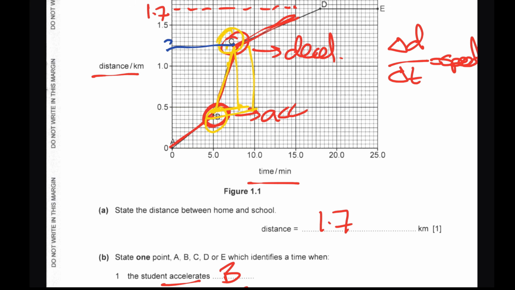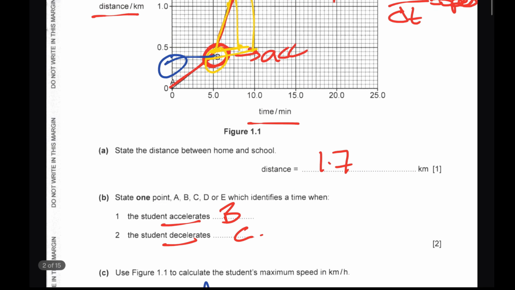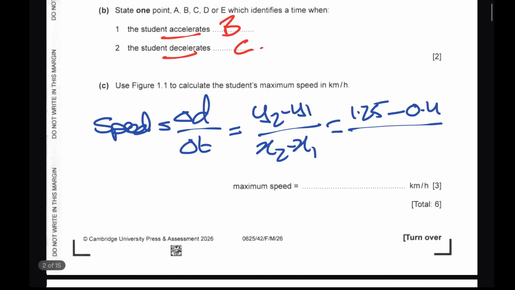This is 1.25, and we're going to take this point, which is 0.4. So 1.25 minus 0.4, divided by x2 and x1, C here and C here, which is 7.5 and 5. So this is going to become 7.5 minus 5.0.